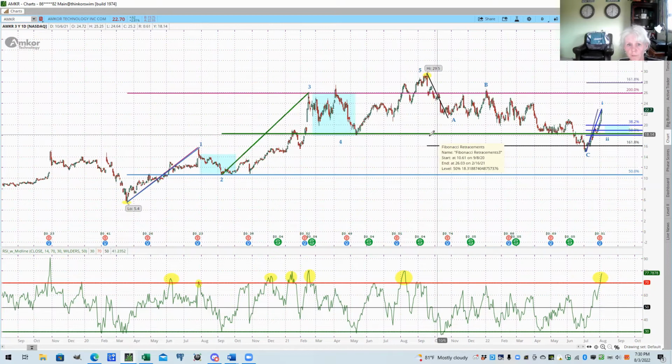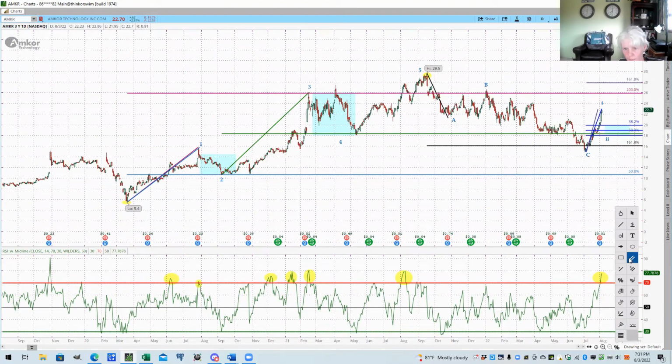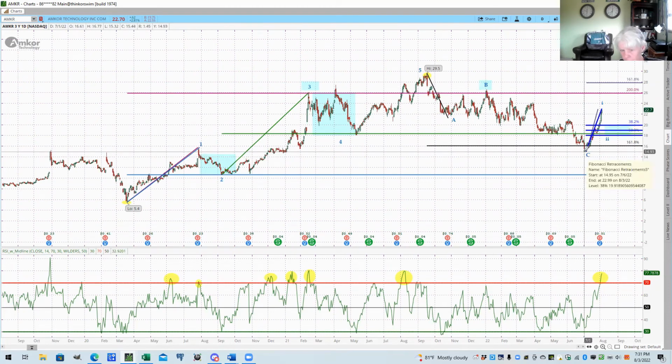This is a way for you guys to find stocks that you're interested in putting on your watch list, and it makes the counting so much easier because this is very common here. You will have a much better idea of where your stock is. Just do the counting like I did. And then you can see it's on its way up.